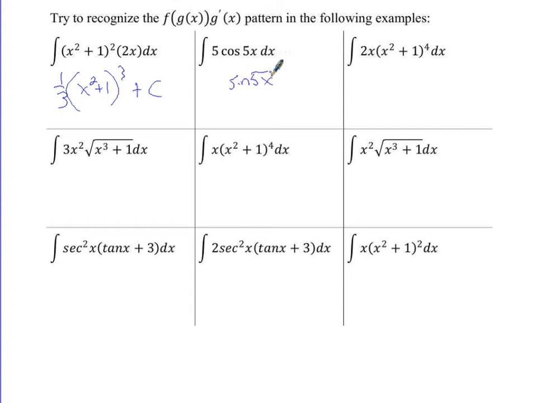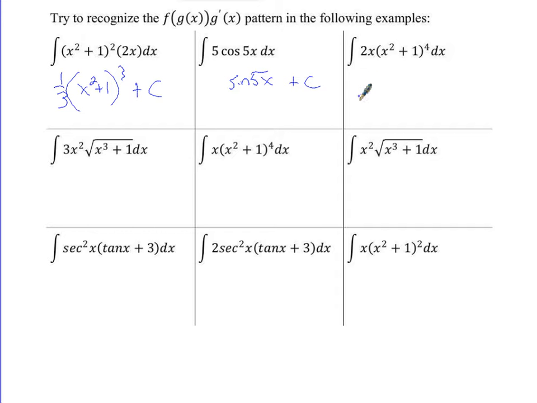Now what happened to this 5? That was the result of using the chain rule. If I take the derivative of sine 5x, I make it sine u, and then u is 5x, so u prime is 5. So the derivative of u times u prime gives me the 5 cosine 5x. I have to include the plus c here because that constant, if it was there, would have disappeared when I took the derivative.